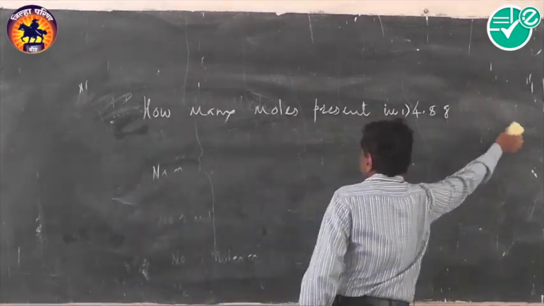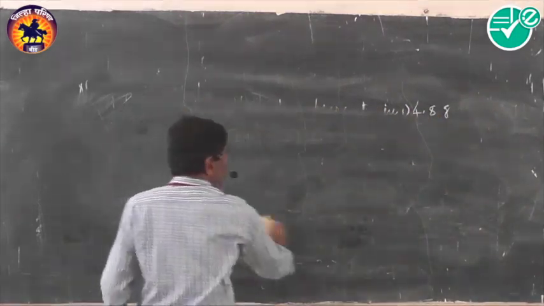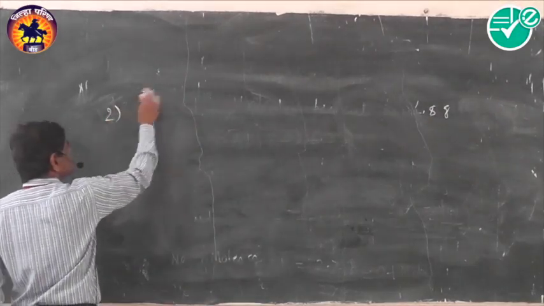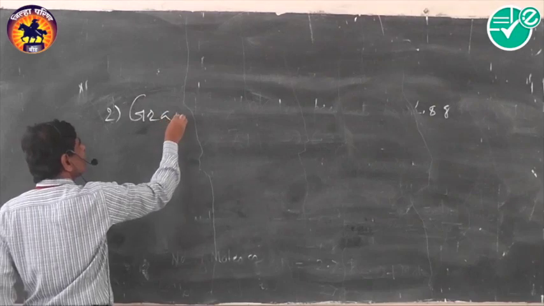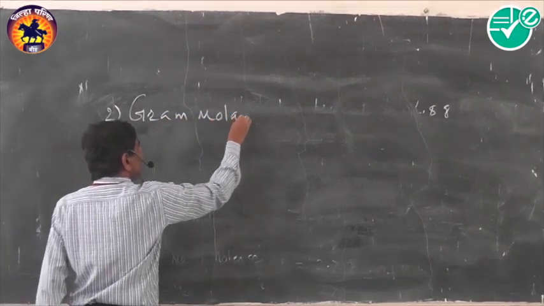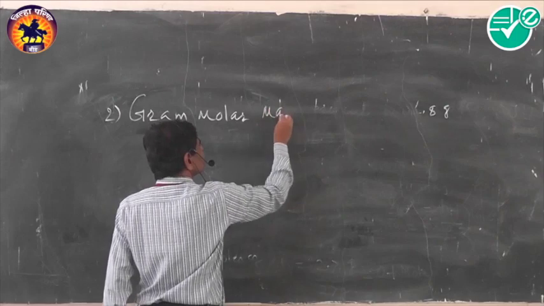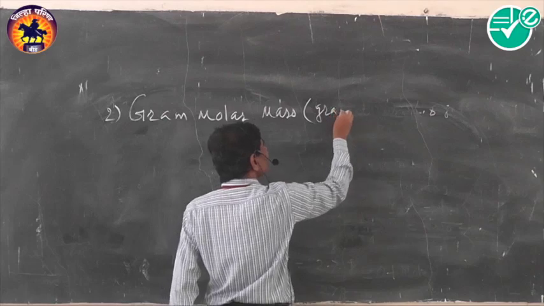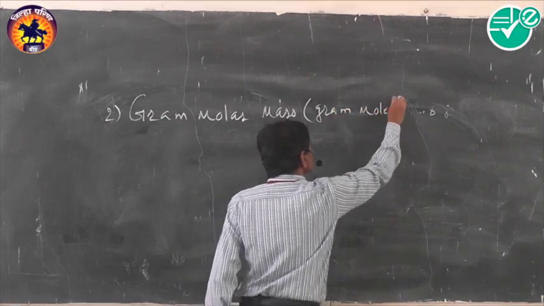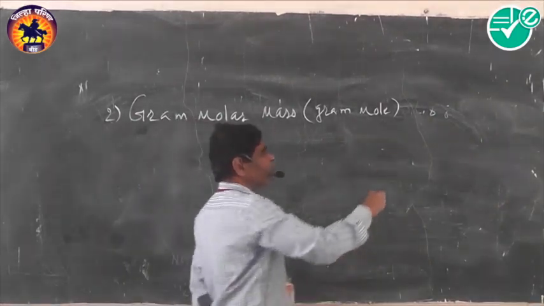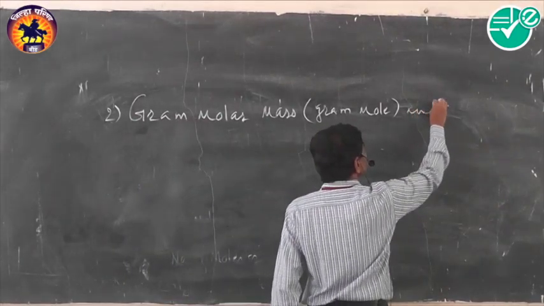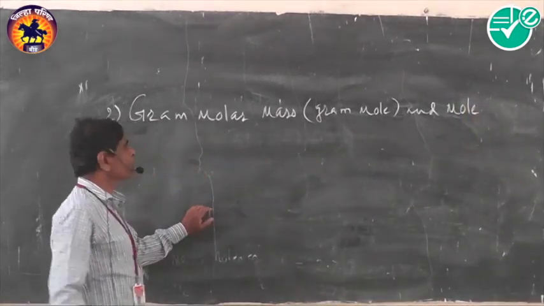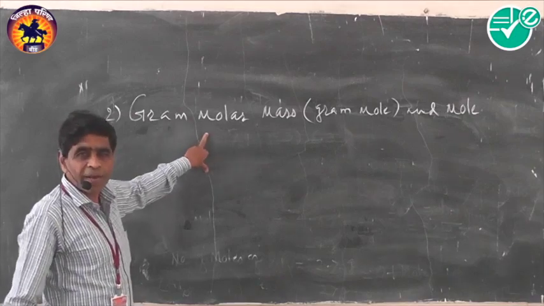Now let's consider the second concept of mole. The second concept is gram molar mass and mole. Gram molar mass is also called gram mole. So what is the actual concept of gram molar mass?